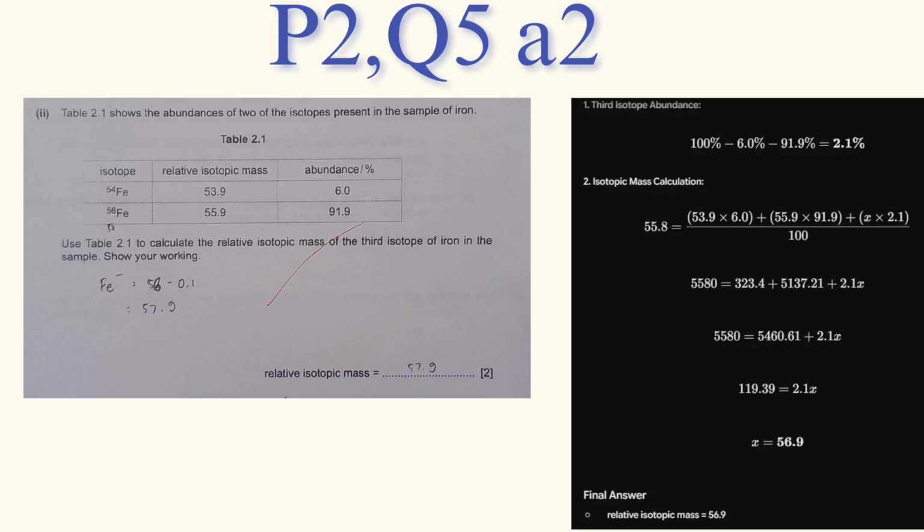Okay, here is the table, and for the third isotope's abundance, we can use the percentage abundances from the table. 100% minus 6 minus 91.9 equals 2.1%. Then for the isotopic mass calculation, all you need is to input the numbers into the isotopic mass formula and calculate it, and then you get x equals 56.9.